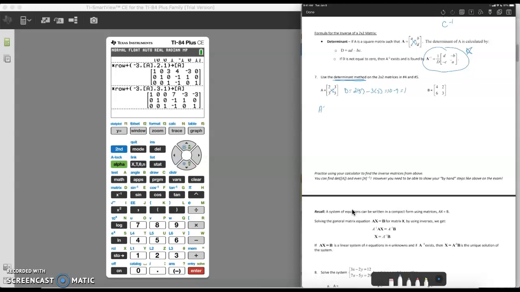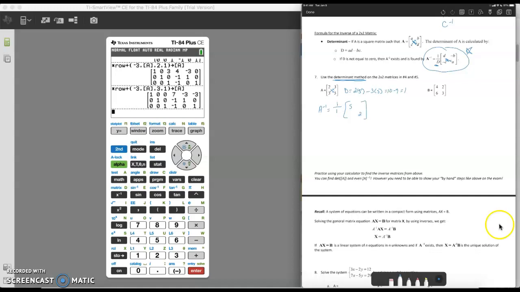To find A inverse, we take 1 over the determinant, so in this case 1 over 1, and we multiply that by, now look at this weird matrix. Notice the A and the D have just reversed. A to D is now D to A. So in this case I'm going to reverse my 2 and my 5.